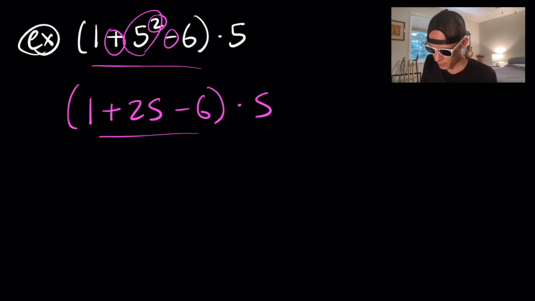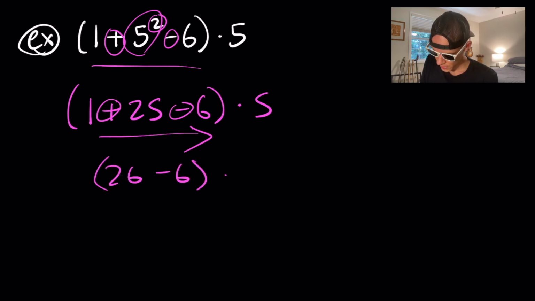So still, because I haven't finished everything in the parentheses, I still have to keep doing stuff in there, and they won't go away. So I just have addition and subtraction. So I'll just go left to right. So 1 plus 25 is 26, minus 6 times 5, and then 26 minus 6 is 20, and the parentheses go away because we're done with all the operations inside them. So 20 times 5, that's going to be 100.